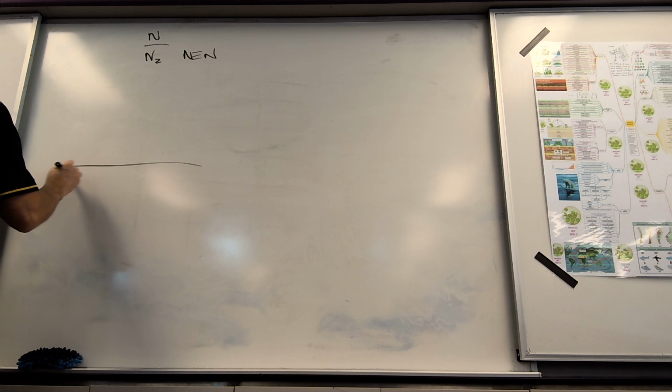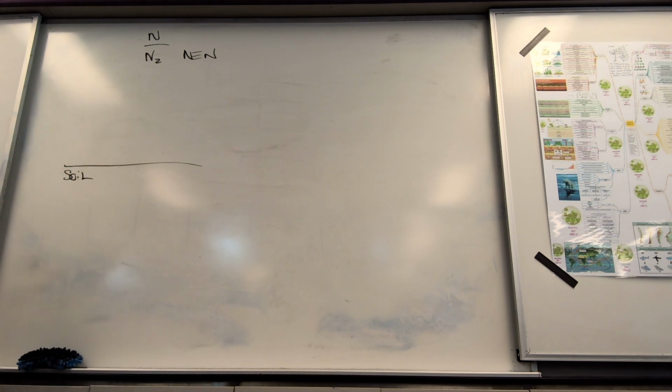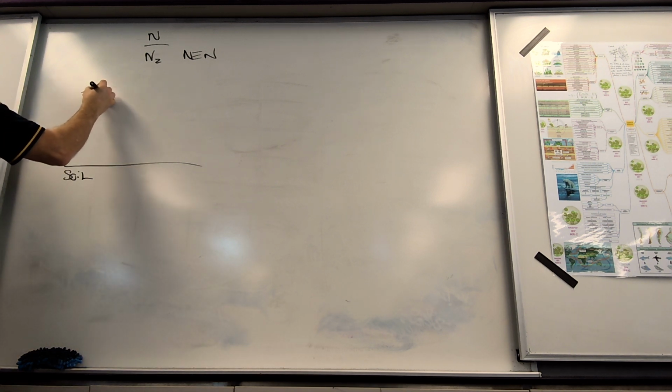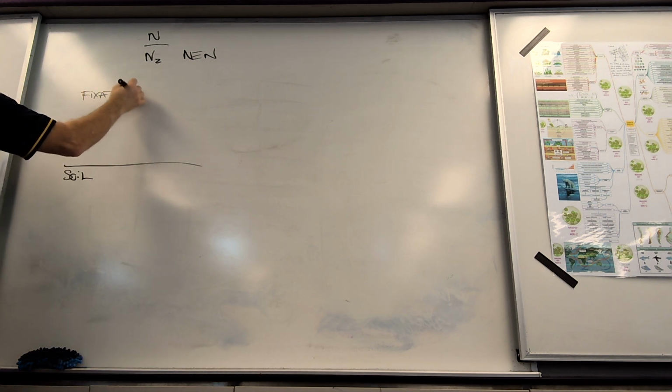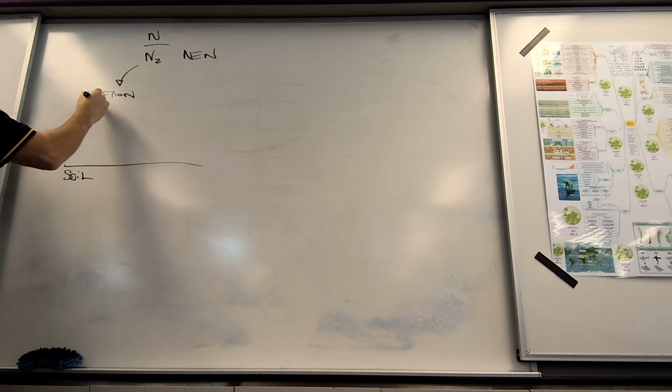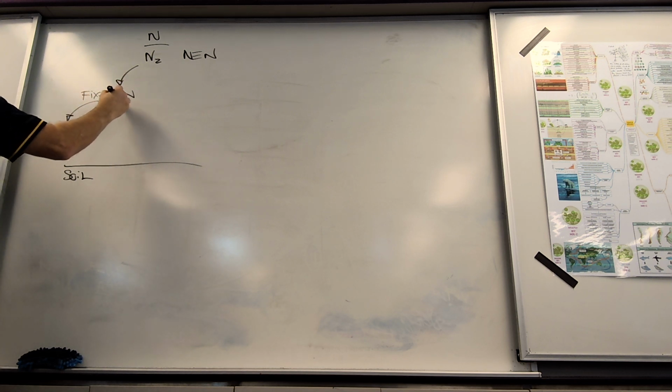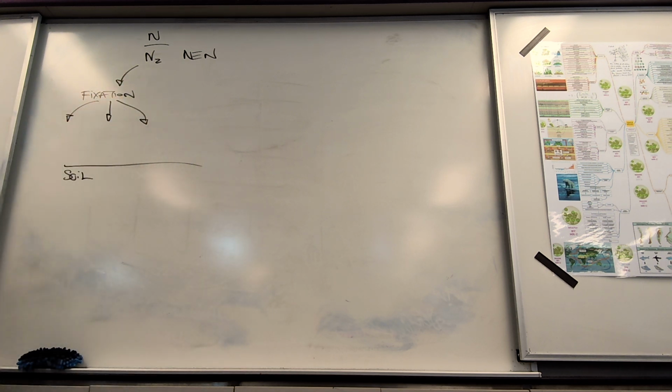So here is the soil. That's where the ecosystem is. There are 3 ways. The general way is called fixation. And there are 3 types of fixation that allow us to take nitrogen from the atmosphere and put it into the soil.